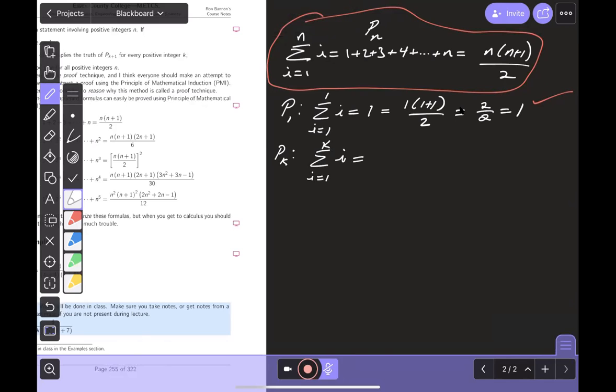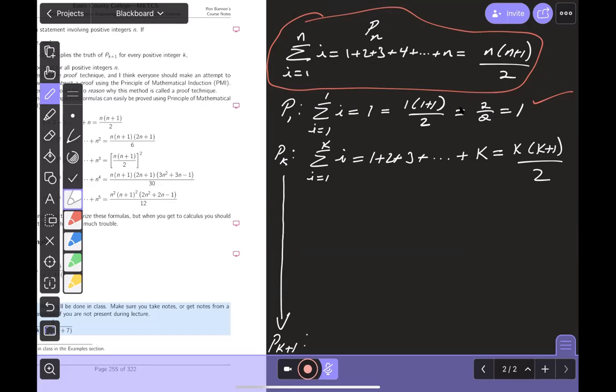What would that look like? 1 plus 2 plus 3 plus dot, dot, dot up to k. What would that equal? Well, I'm looking at the formula: k times k plus 1 over 2. Now, what I'm going to do over here is I want this to collapse. When I say collapse, go towards PK plus 1.